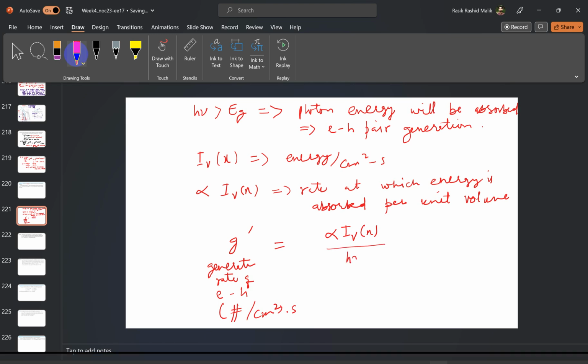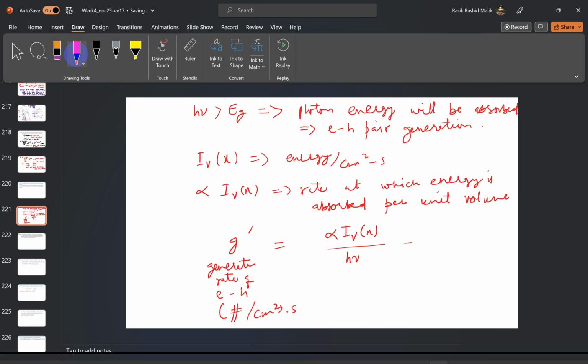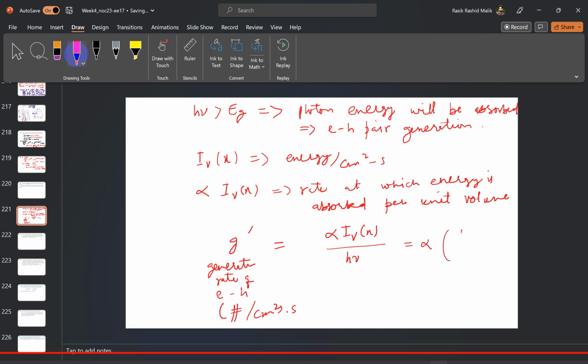If we divide it by photon energy, that gives us the number of electron holes generated when the photons are absorbed. So that is alpha into I(V)x over h nu. This I(V) by h nu is called photon flux.